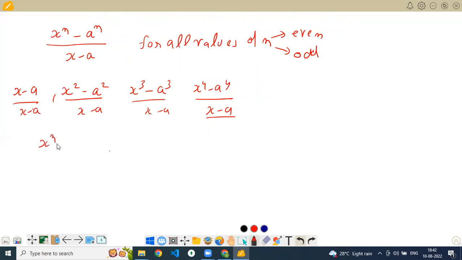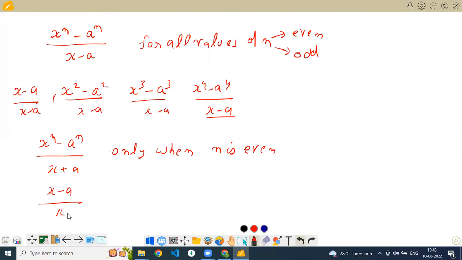Then x^n minus a^n is divisible by x plus a only when n is even. Simply take x minus a. x minus a is not divisible by x plus a.